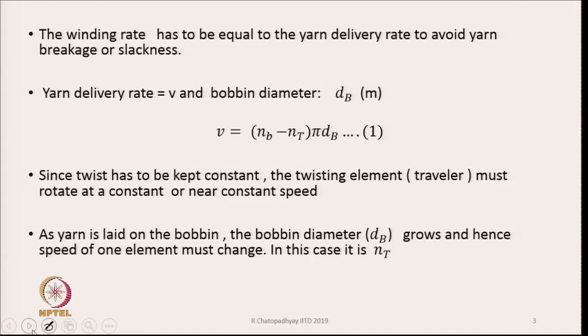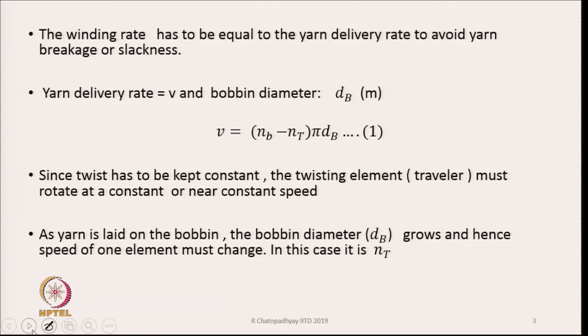The winding rate has to be equal to the yarn delivery rate to avoid yarn breakage or slackness. Finally, the rate of winding, that is the length of yarn that we are going to wind on the bobbin, must be equal to the length of yarn being delivered by the front roller of the machine.